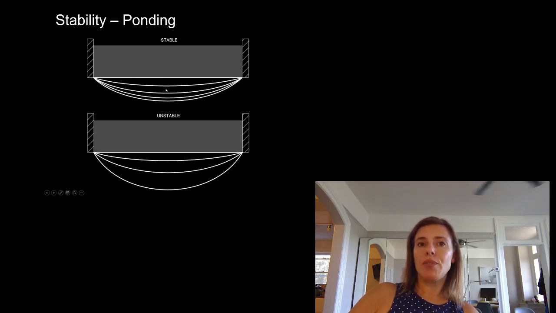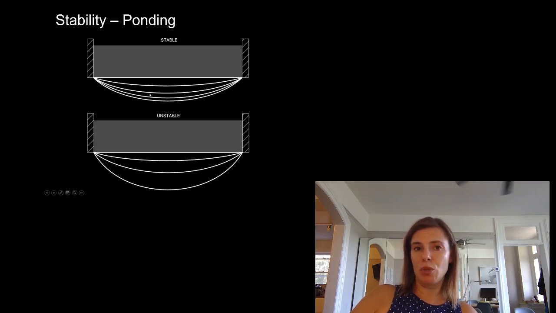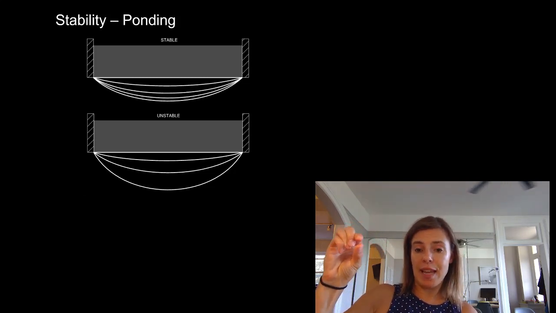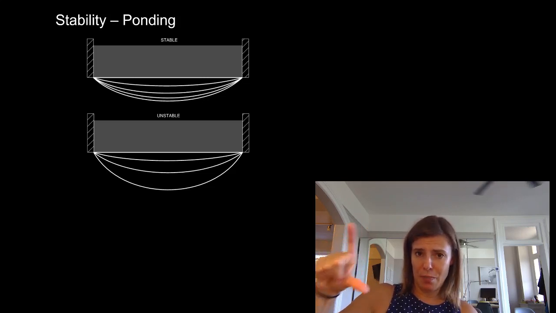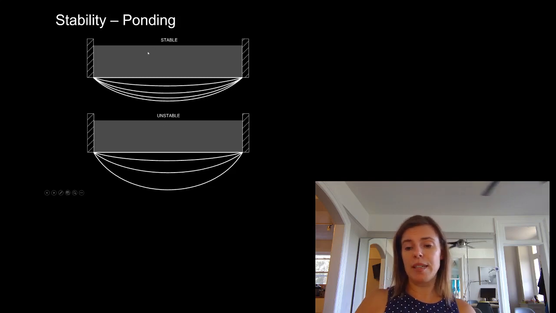So now it's going to deflect a bit more, or we'd calculate how much more it would deflect, and we'd see how much more it would move. Now we've got more water. And again, we do that to see if the difference between each of our checks starts to get smaller, or if the difference in movement between each of our checks gets bigger. If it gets bigger, it's unstable. If they get smaller, it's stable.